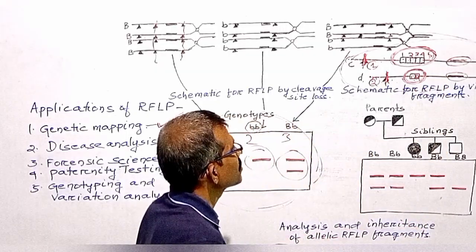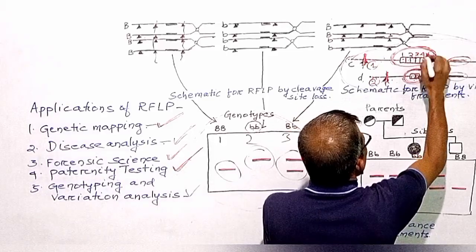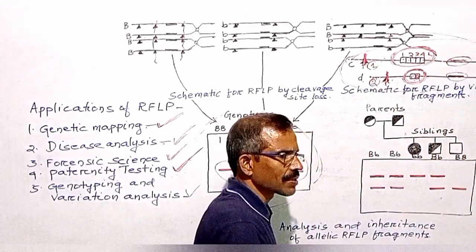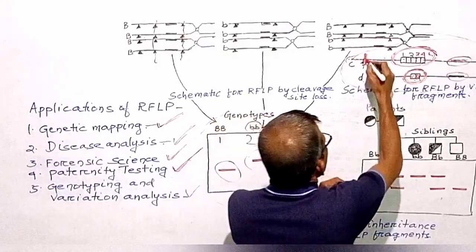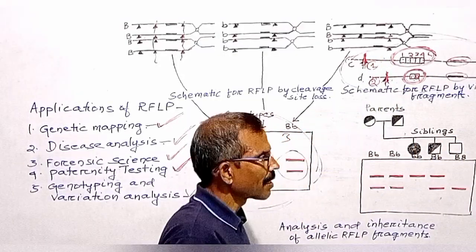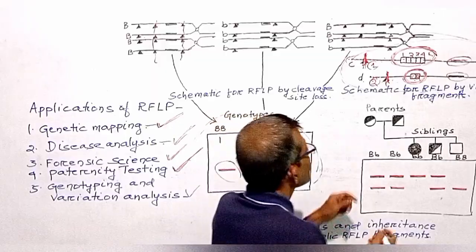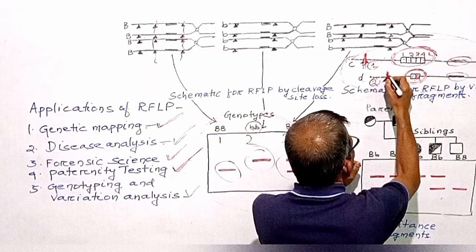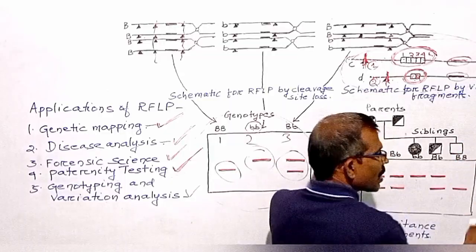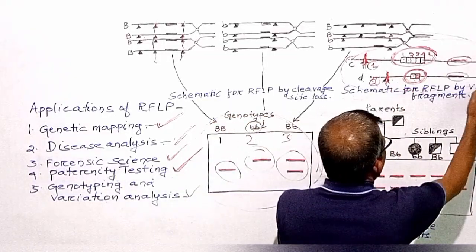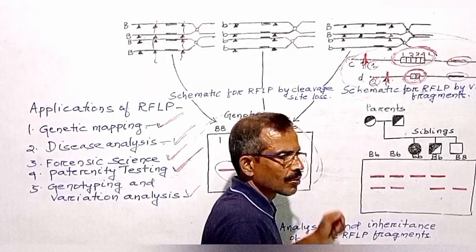Due to the presence of 5 repeats, when sample 1 is cleaved by the restriction enzyme, the resulting restriction fragment will be long. By contrast, due to the presence of only 2 repeats, when sample 2 DNA is cleaved by the same restriction enzyme, the resulting RFLP fragment will be short.